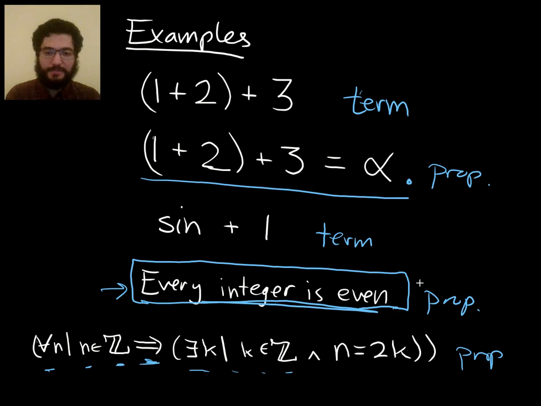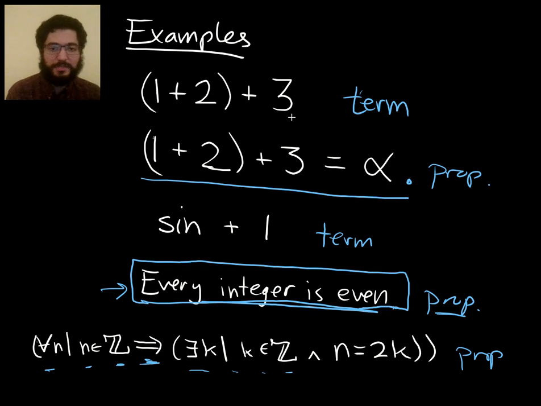It's enough to just ask yourself, is this asserting something? Is it like a sentence? Is it something that can be true or false? If it is, then it's a proposition. Every integer is even. You probably believe that's false, right? Well, it doesn't matter whether it's true or false. The fact that it can be either true or false tells you it's a proposition.